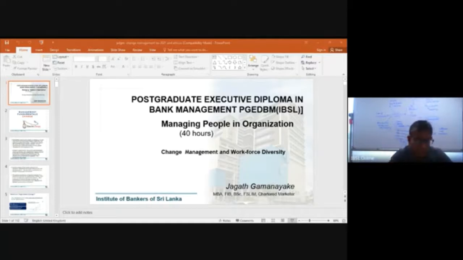Now McKinsey identified seven interrelated or interconnected elements, each beginning with the letter S. That is why I call it 7S.